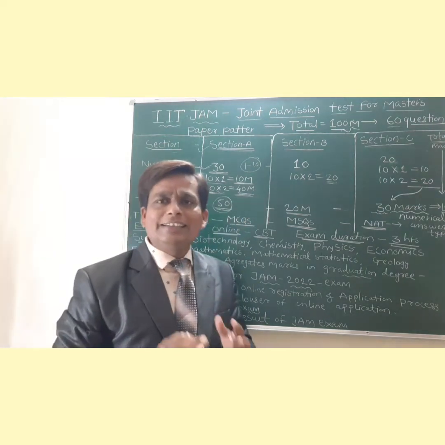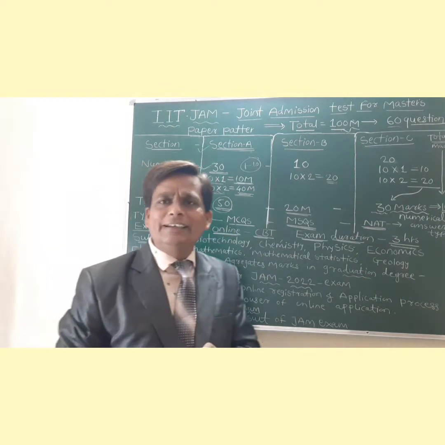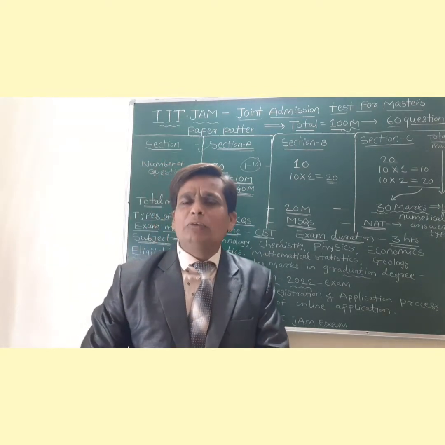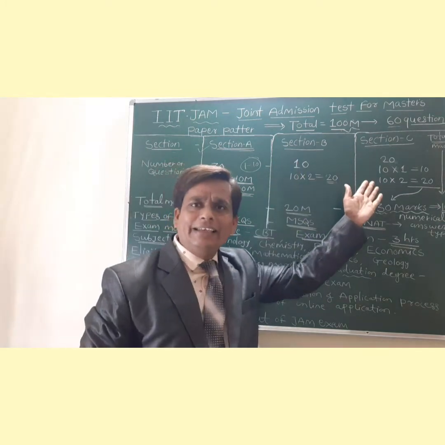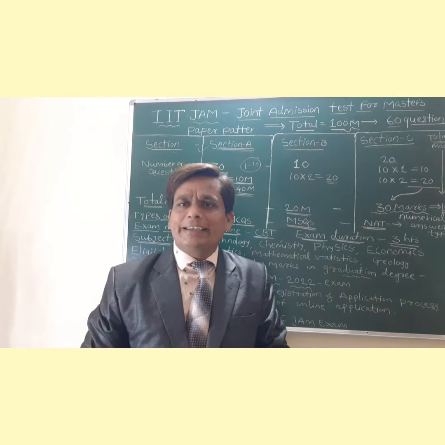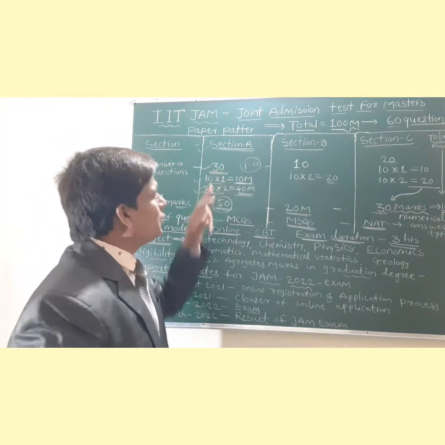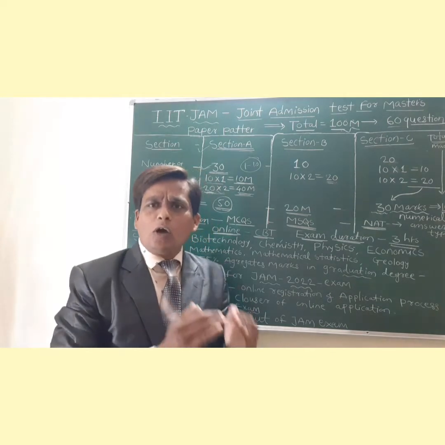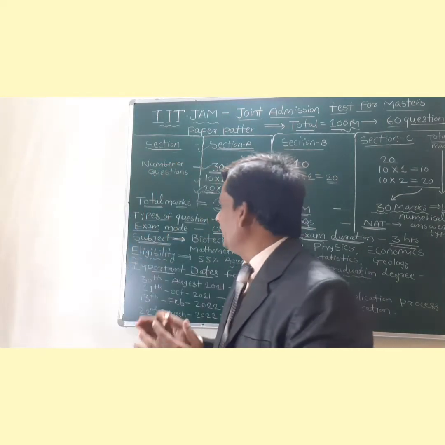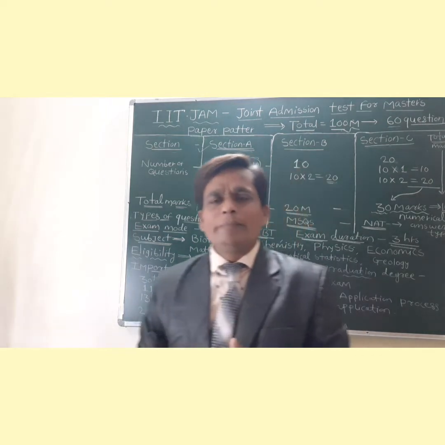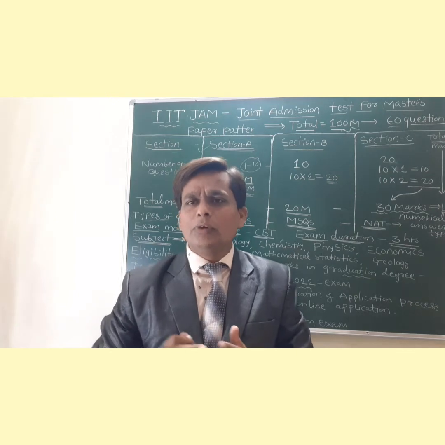Okay students, these are all MCQs. One more important thing: only section A carries negative marking. The other sections, B and C, do not have negative marking. So how will negative marking work here? For a 1-mark question, if you answer wrong, 1/3 marks will be deducted.